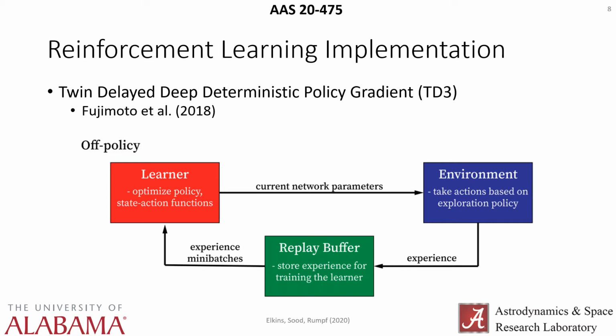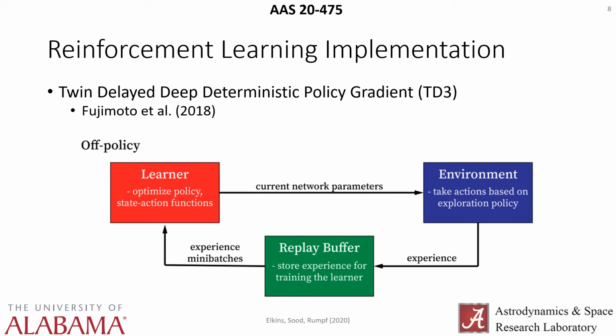And here I have a diagram of the generalized off-policy framework. Starting here in the red box, the learner box, we want to optimize our policy and our state action functions. So we're actually approximating two functions that I'll mention in a second. We take the current learner, so the current network parameters, using a neural network as a function approximator, and we send it to interact with the environment and explore based on our exploration policy.